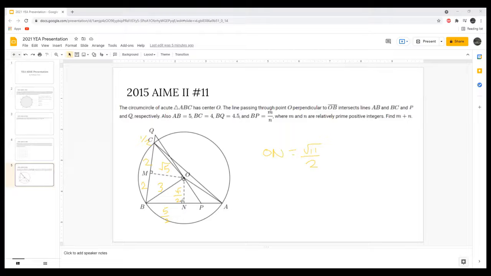All right, so then we can just use similar reasoning as we did on triangle QOB on triangle BOP. So that means ON squared is equal to BN times MP. ON squared is equal to 11/4. So BN is 5/2, so 5/2 times MP is 11/4.